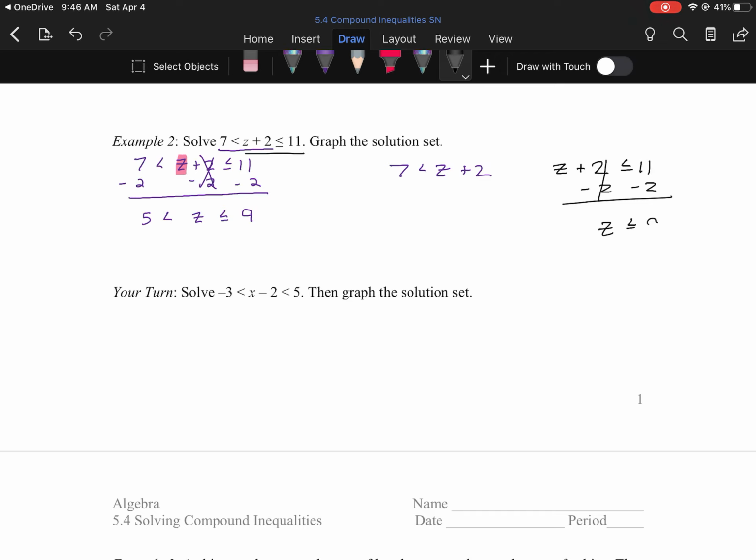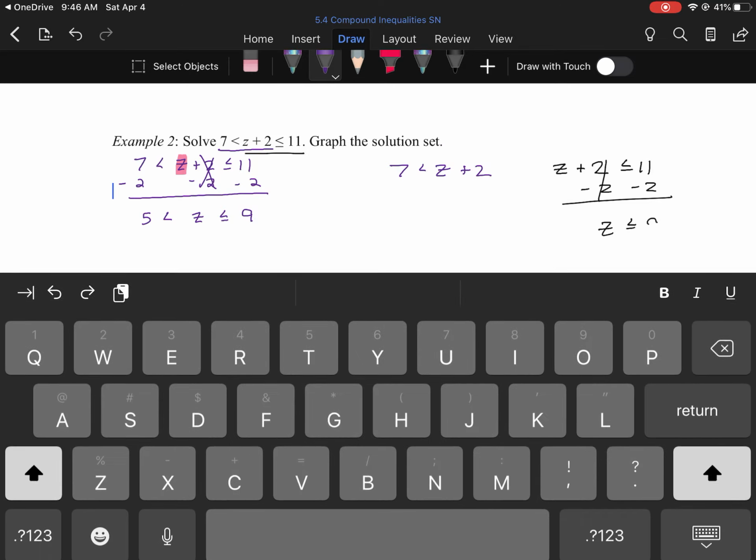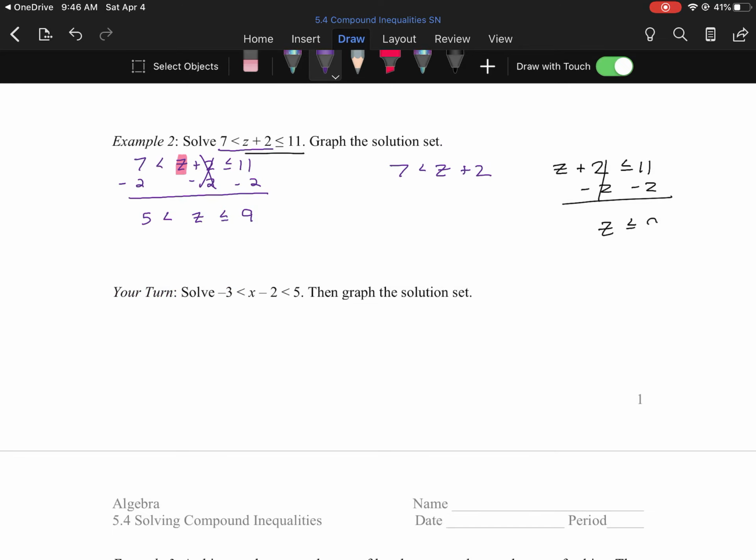So I'm going to subtract 2, and I get z is less than or equal to 9. And then over here I'm going to subtract 2. And I get 5 is less than z.